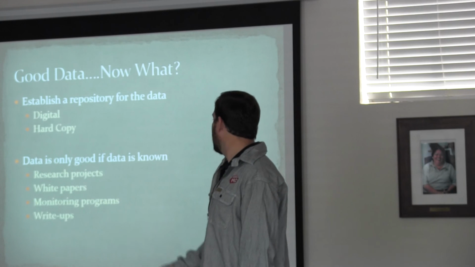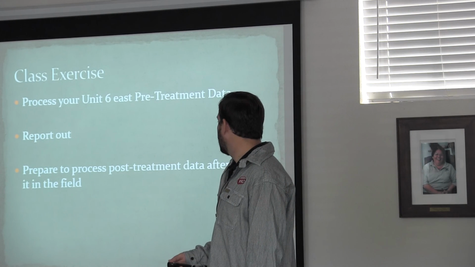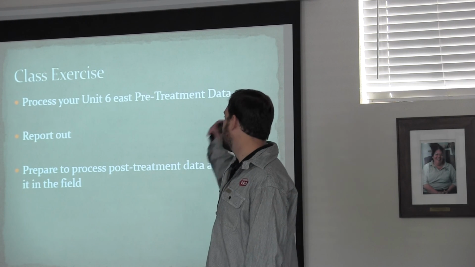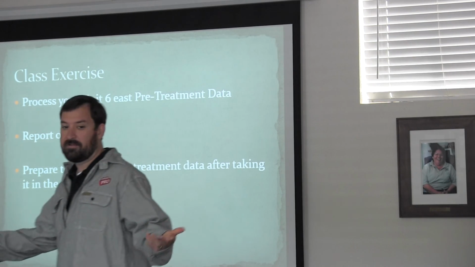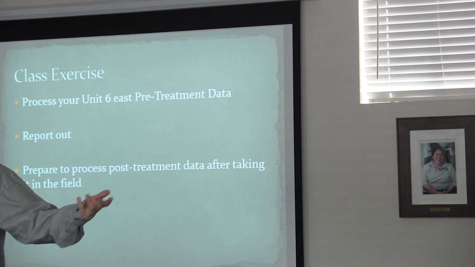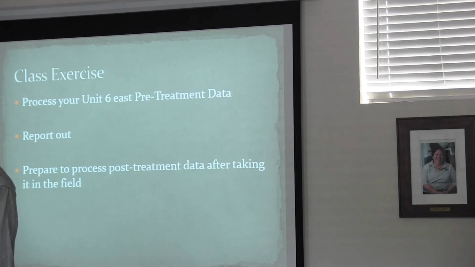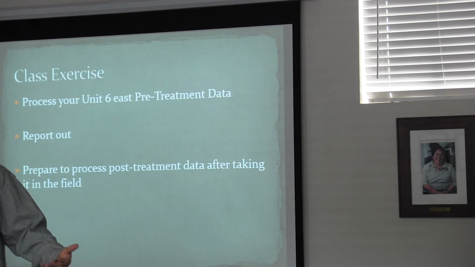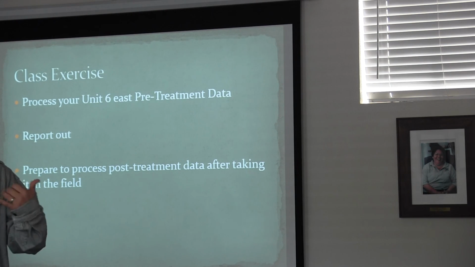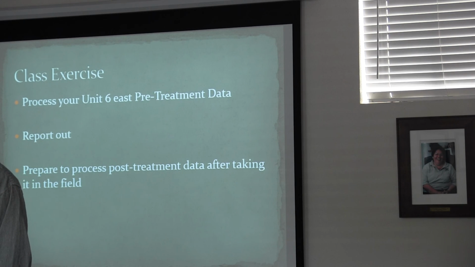All right, so that's it. This one, we'll take a break. The exercise was to process your data. So what I would like for you guys to do is, if you want to get your data sheets and practice doing this, let me know. Later, I can help you. If you just want to give me a phone call and say, hey, I'm going through it. I think I've done all 3 of the data sheets. I want those sheets back so I can make a copy, and then we'll make copies for all.